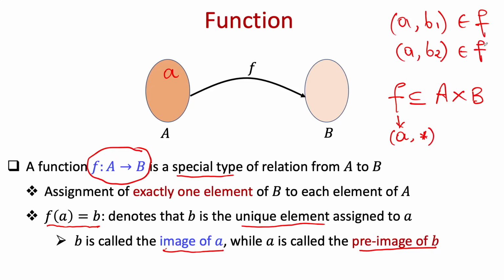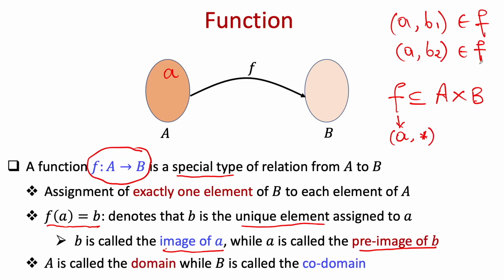That is possible in a relation. In a relation, the same element small a from the set capital A can be related to multiple elements from the set B, but the speciality of the function is that there will be only one element from the set capital B which will be related to the element A, and no element from the set capital A will be missing as part of this function f. That means every element will have a corresponding related element from the set B as part of that function.